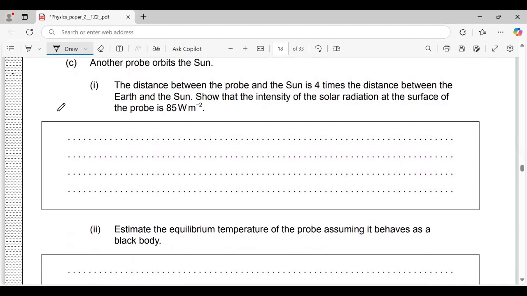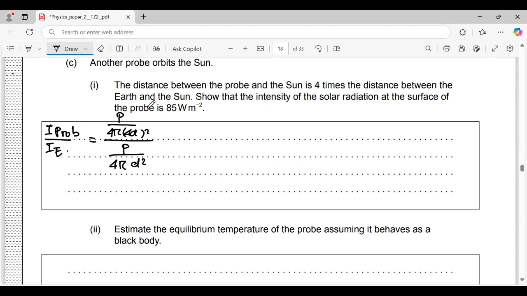So the formula I'm going to use: intensity of probe over intensity of Earth equals P over 4 pi times (4D) squared, over P over 4 pi times D squared.